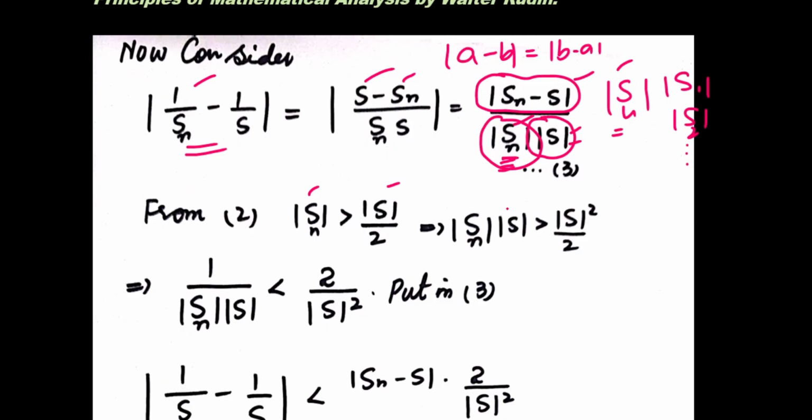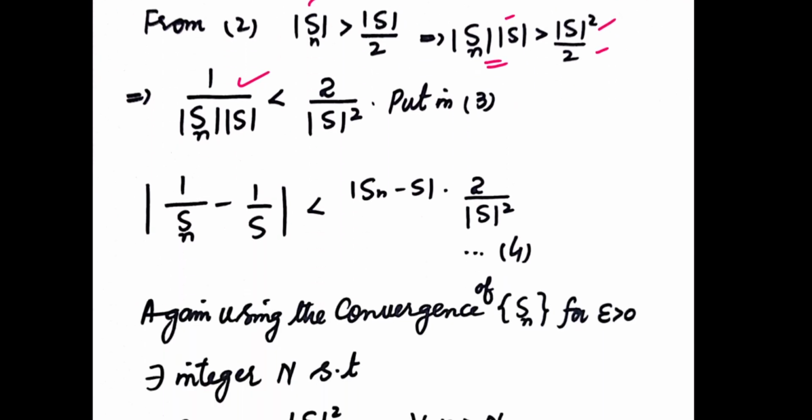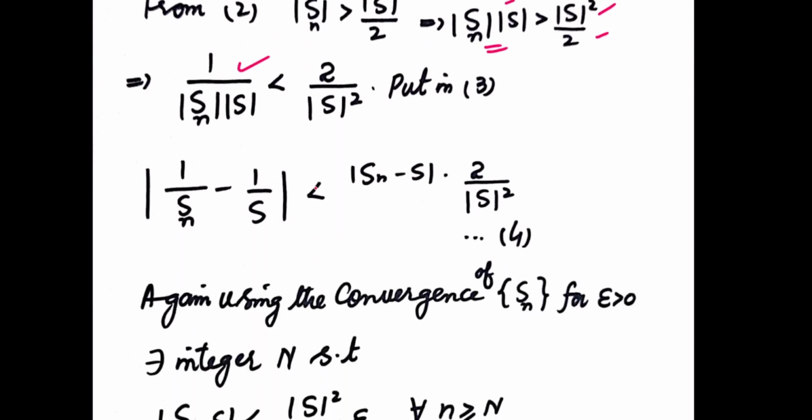This becomes absolute Sn times absolute S greater than S absolute square by 2. Or after taking reciprocal, this becomes 1 over absolute Sn less than 2 over S absolute square. So substituting this reciprocal in 3, this becomes absolute 1 over Sn minus 1 over S less than absolute Sn minus S into 2 over S absolute square. Say this is 4.